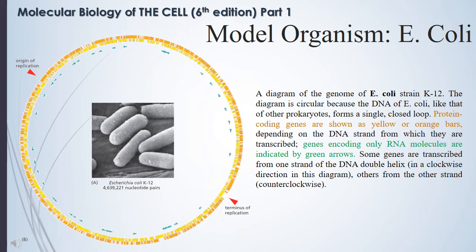The yellow and orange basically depict the genes that encode for proteins, and the green arrows are regions that encode for RNA. In this circular genome, some genes are encoded from left to right, clockwise, and counterclockwise. And that is depicted with arrows on the circular DNA. And that is very unique for bacteria.